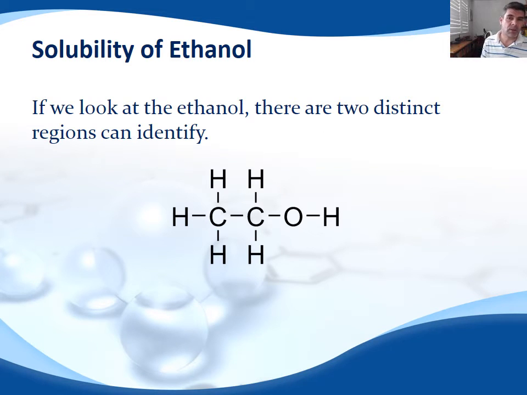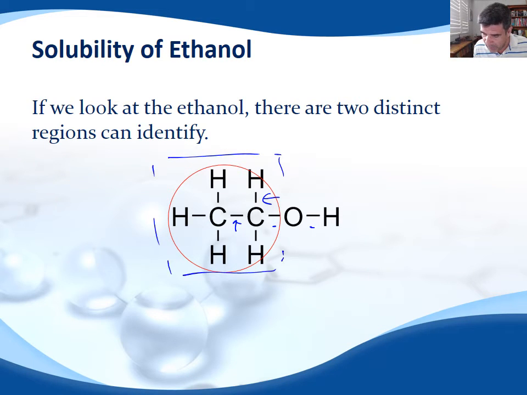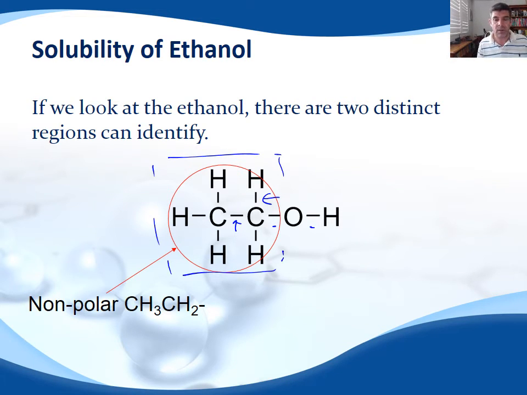However, when we look at ethanol, we have something quite unusual in that, when we focus in on the body of the structure itself, we can see we've got carbon-carbon bonds, we've got carbon-hydrogen bonds, and we've also got the carbon-oxygen bond and the oxygen-hydrogen bond. So these ones here are going to be very important, as is this region of the molecule here. This part is the non-polar part.